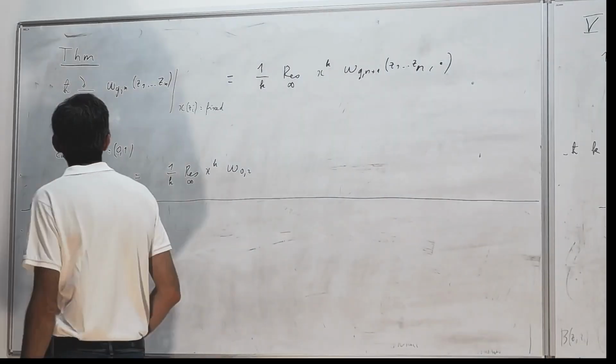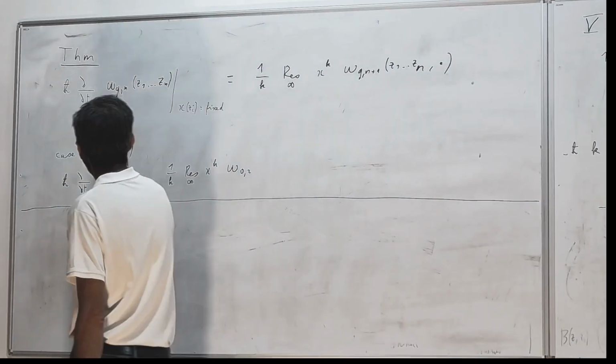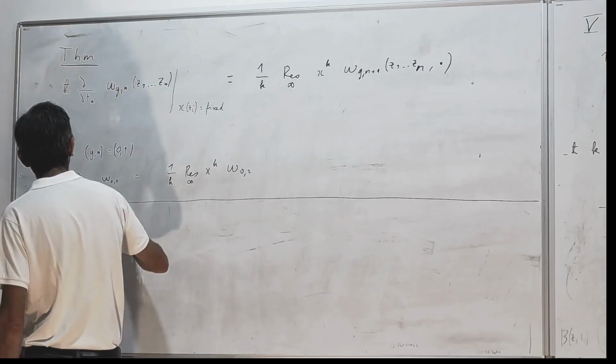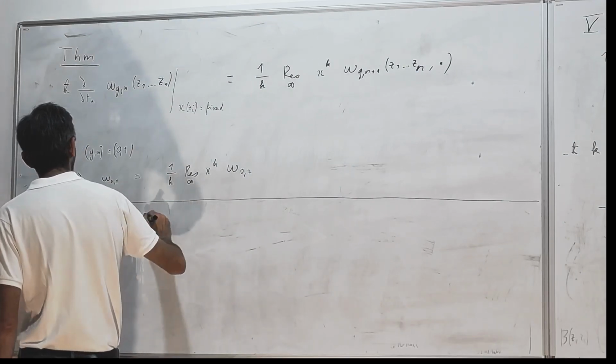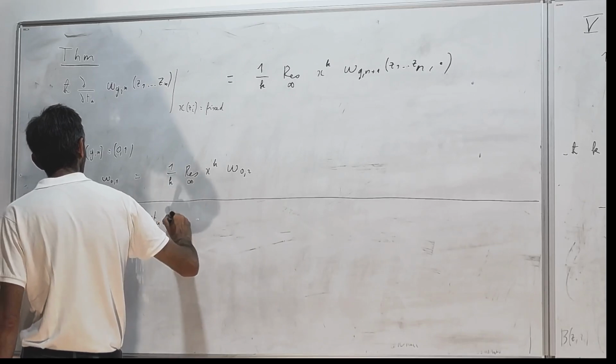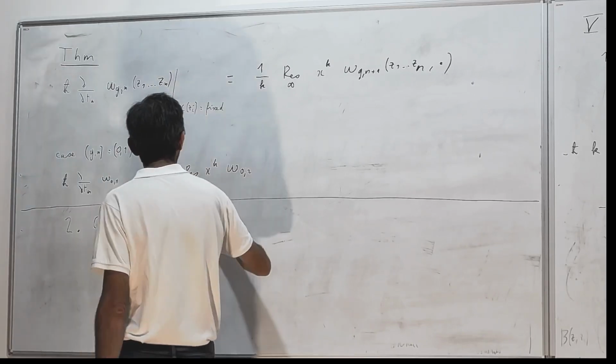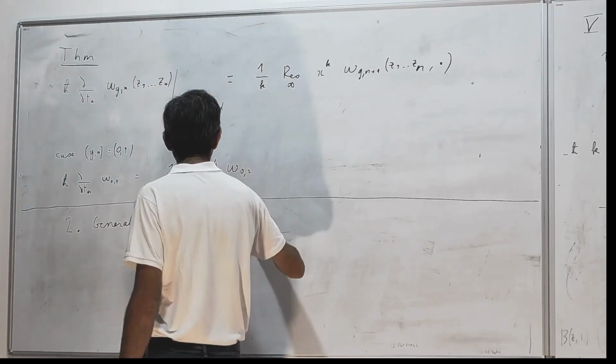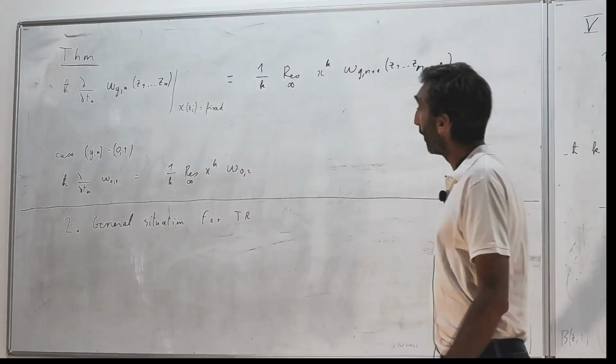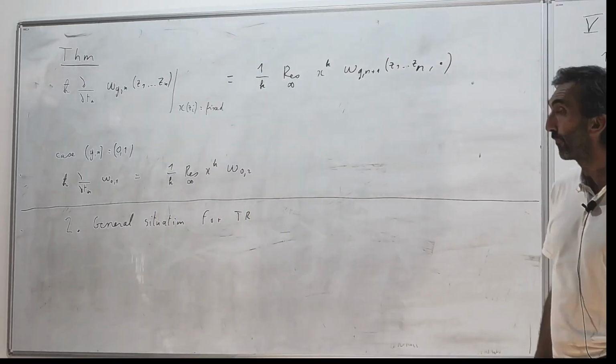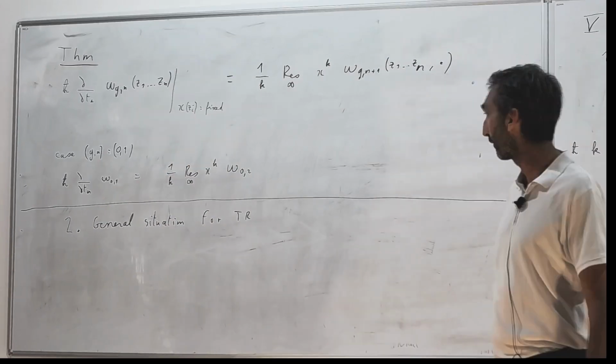So now to the general situation for topological recursion. Consider not one spectral curve in TR, but a family of spectral curves.